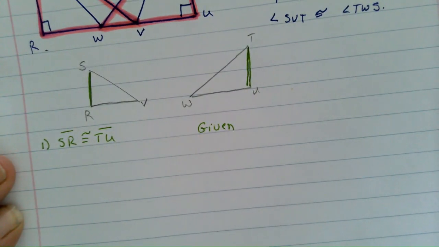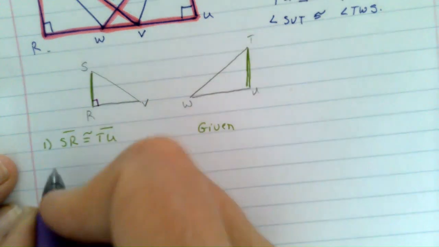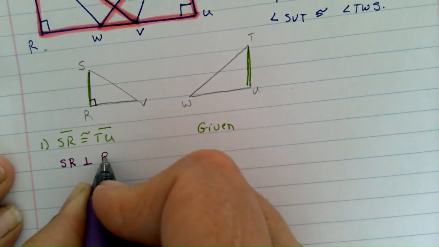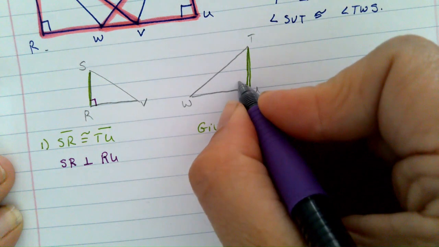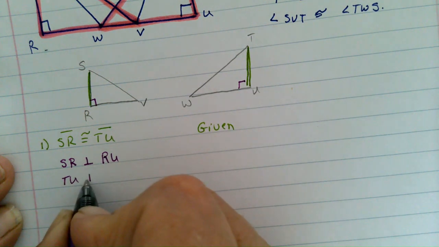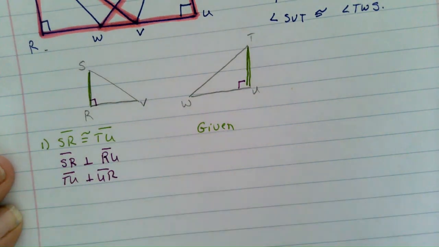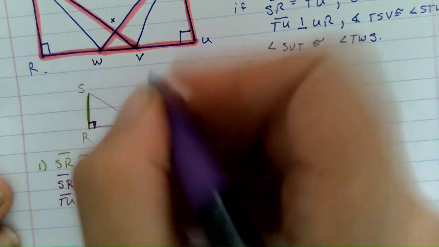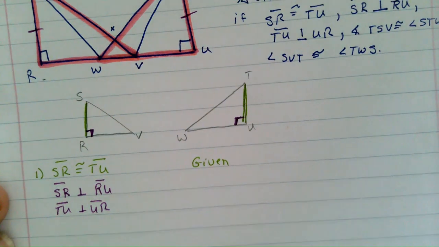Okay, SR is perpendicular to RU. SR perpendicular to RU. Also, TU is perpendicular to UR. Okay, we've marked that. Got that marked with a 90-degree angle, which it was in the picture, so that's good. Mark that as well, because we did that first.